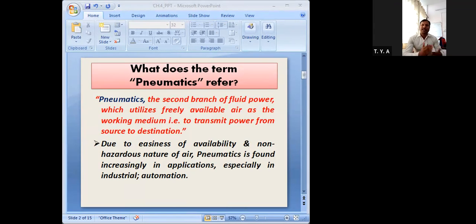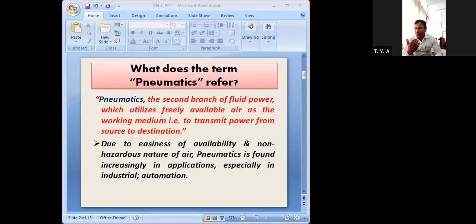Now, similar to the hydraulic system, we should know the different basic elements of this pneumatic system also. The pneumatic system, as I have said, uses pressurized gas or pressurized air to transmit and control power.